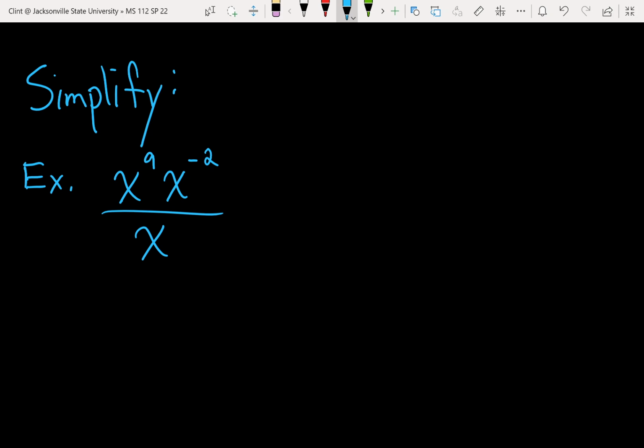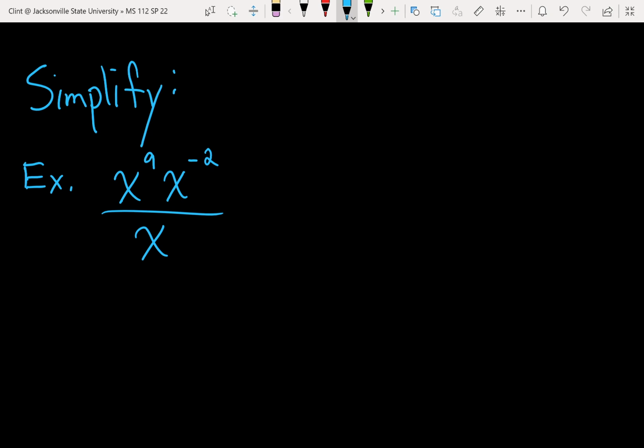Okay, so we want to use the properties we've talked about. We want to write this thing as simply as we can, and with that in mind, we don't want to leave any negative exponents. You may be able to see everything we need to do all at once. Probably not everybody sees all that, so we'll take it one step at a time. Anybody see anything we can do?